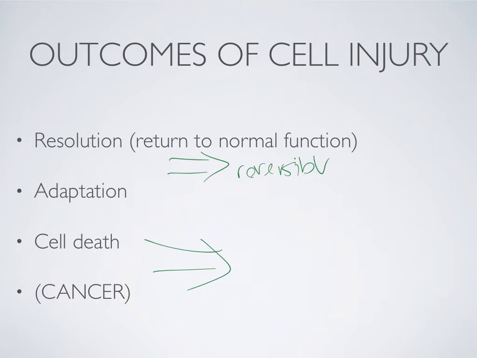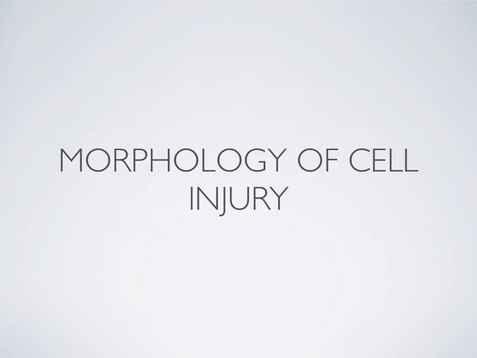Cell death, or if the cell is mutated to the point of turning it into a cancer cell, it can't go back from that. So these two are irreversible. Any questions?